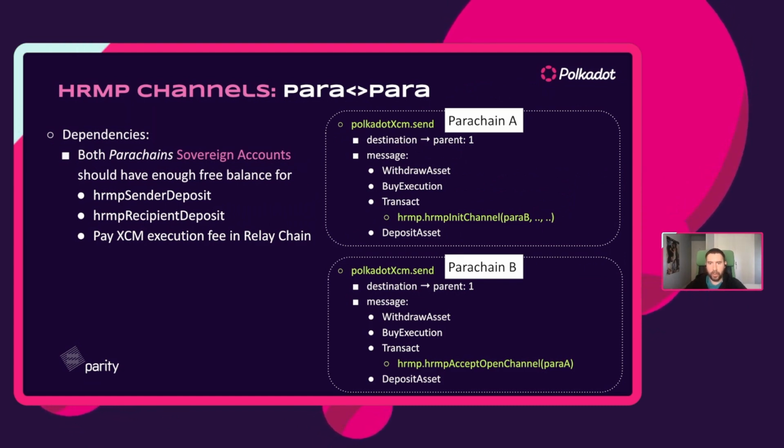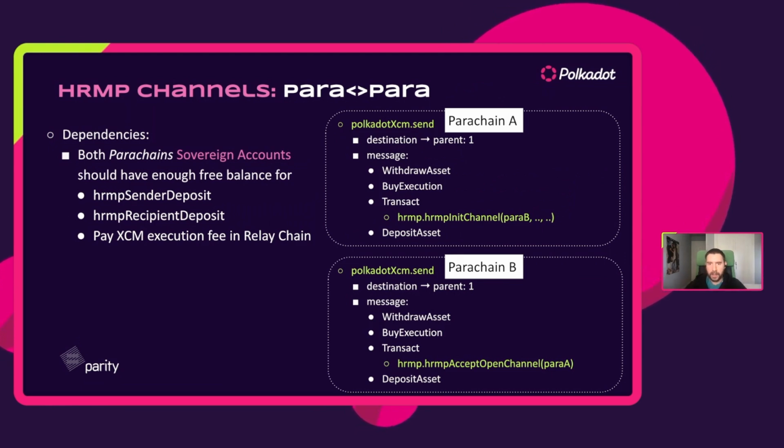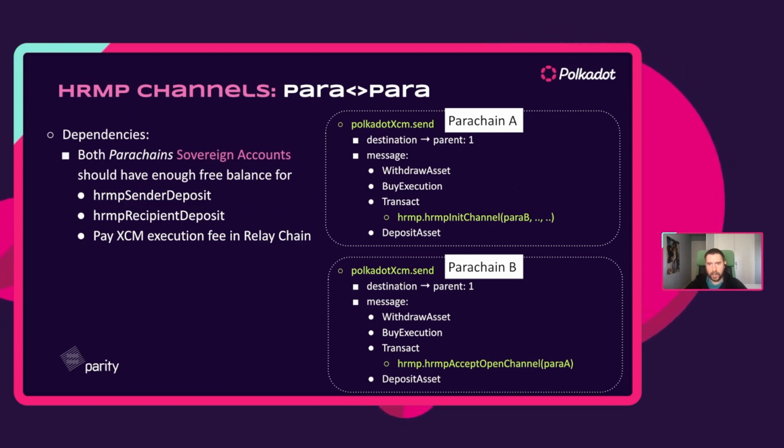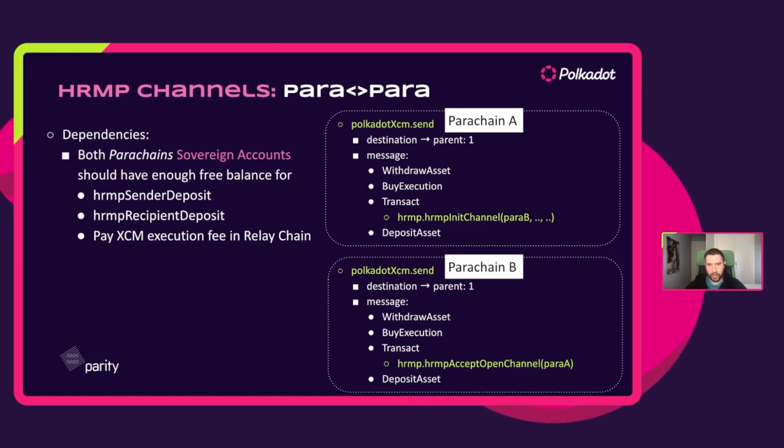Remember that if we want bidirectional communication, this process will have to happen the other way around as well. If we take a look at the message, it's a Polkadot XCM send, where the destination is parent one, which is the relay chain, and then we have an XCM message with four instructions. The first one is withdraw asset, to be able to pay for execution, then buy execution, then transact.